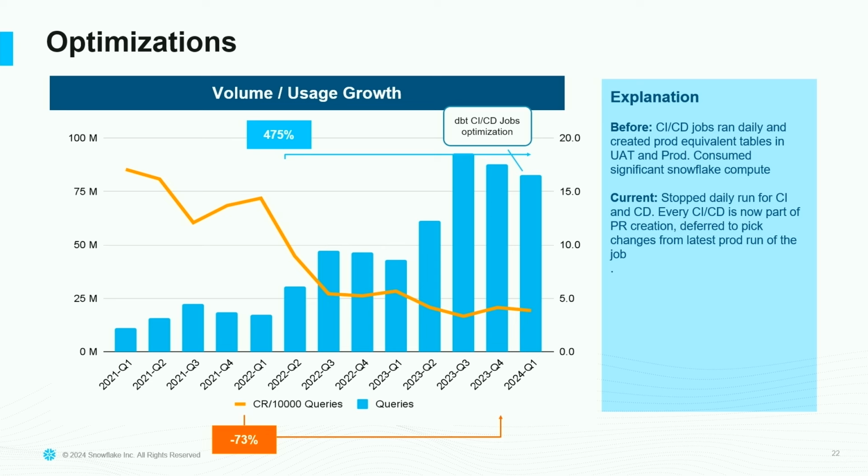So what we did was we stopped the daily jobs. Instead, we looked at running the jobs whenever a pull request is created. Pull request, I mean a change request of the code is created in GitHub. That's when these jobs were triggered. Now, every CI and CD job is part of the PR creation, and any changes since the latest production successful run of the CI, only those were run in the UAT and the pre-prod environment.